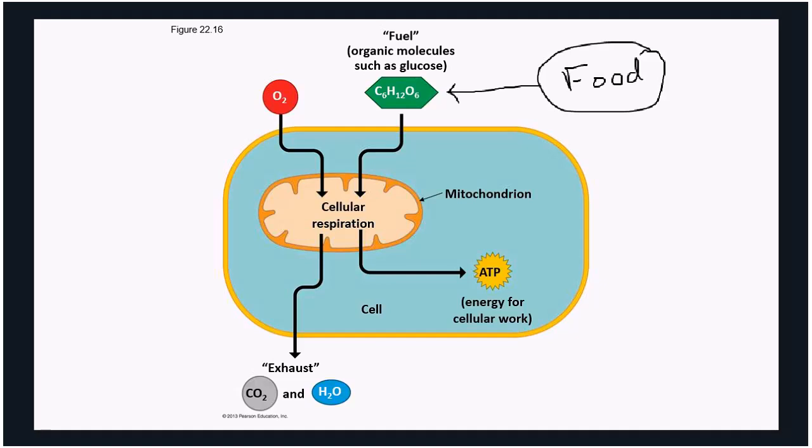So an example here was glucose. So this cell is going to use this glucose and this oxygen to make energy. So energy for cell work. ATP, if you remember. That's not super important for you right now, but it's just talking about how food is used as fuel for our bodies.